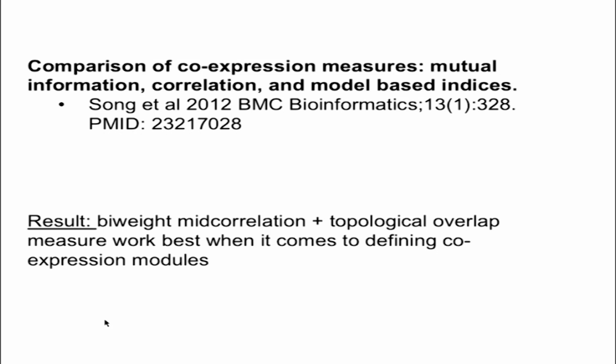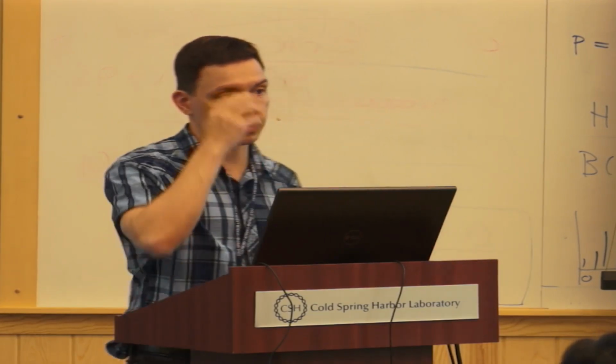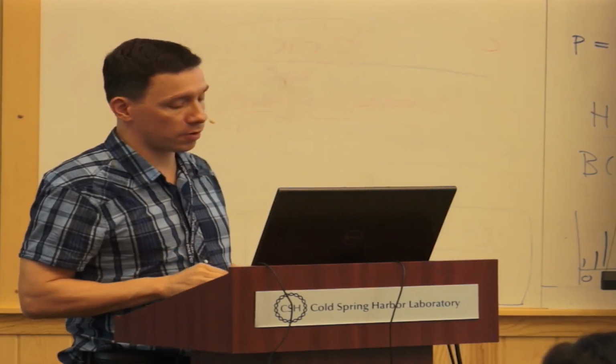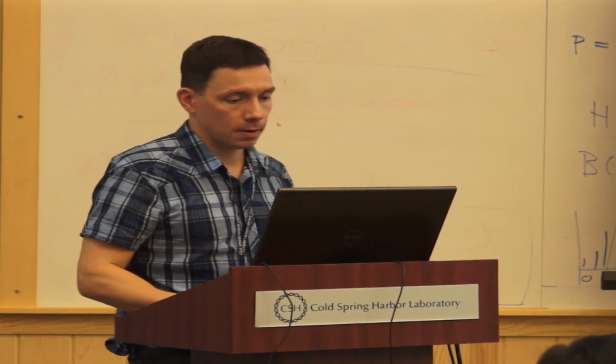What do I mean by working best? What is the criterion? The criterion was enrichment with gene ontology categories. You can ask, if I find a cluster of genes, is it enriched with certain GO categories? And so you can then evaluate different procedures for arriving at these modules.